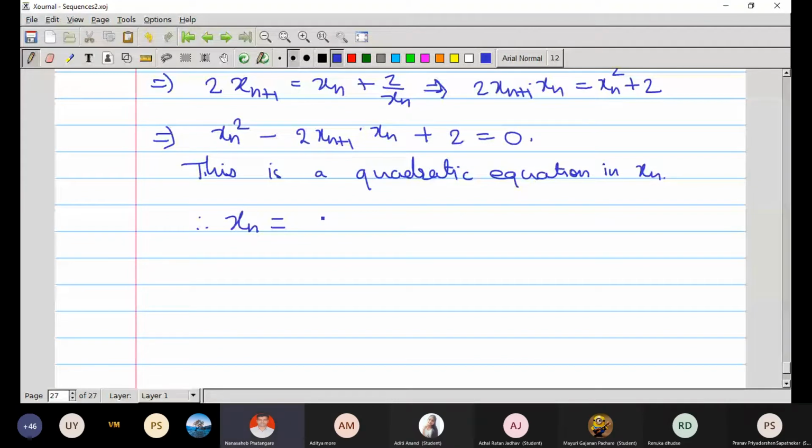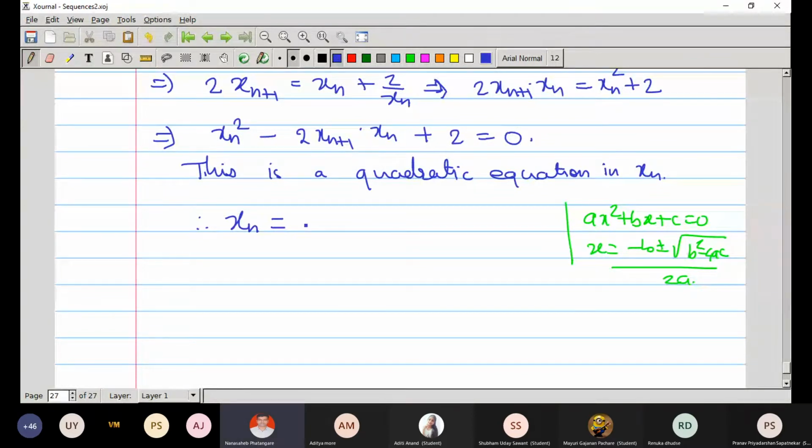Suppose you have a quadratic equation, then x is minus b plus minus the square root of the discriminant.